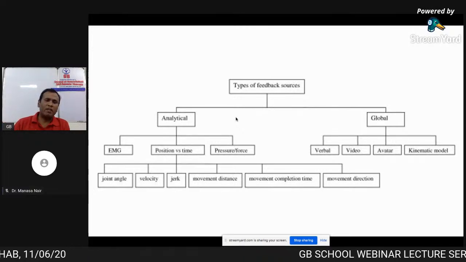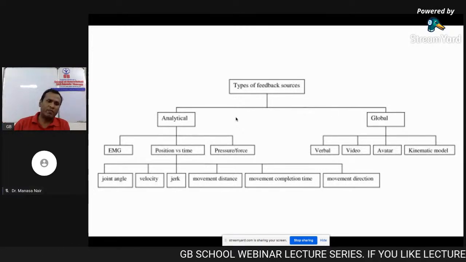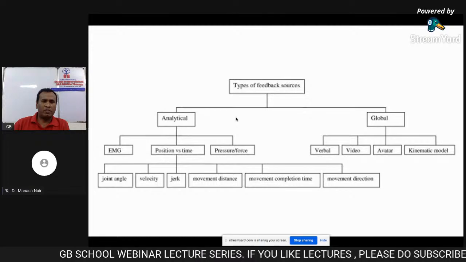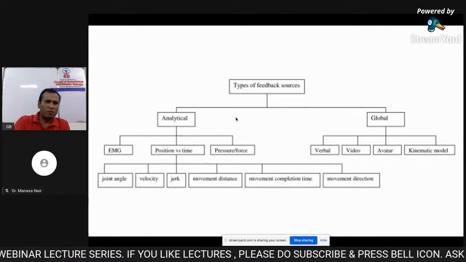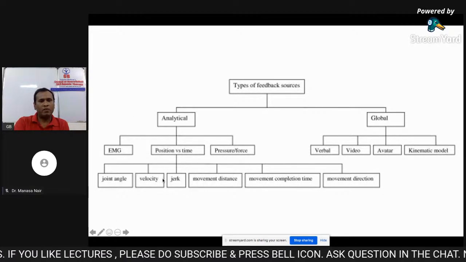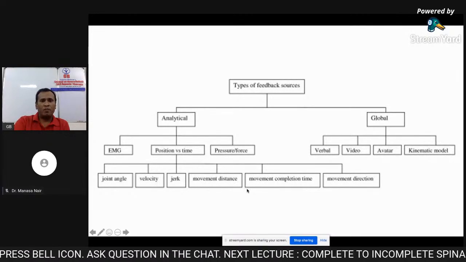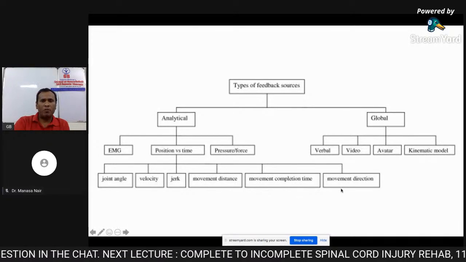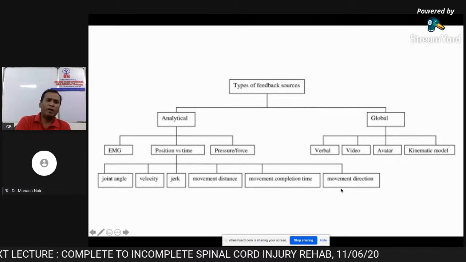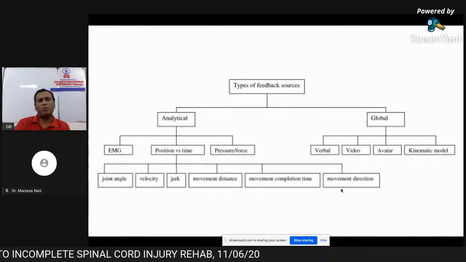Or it can be analytical feedback like EMG-guided feedback, or position versus time: the joint position, angles, velocity or jerk, movement disorder, movement distance, movement completion time or movement direction. All this can be the relation of his position with time.